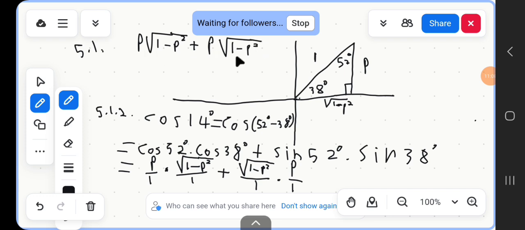And then these are the same, so it's basically x plus x, which gives 2x.